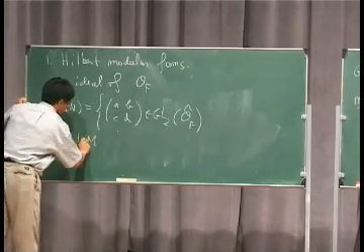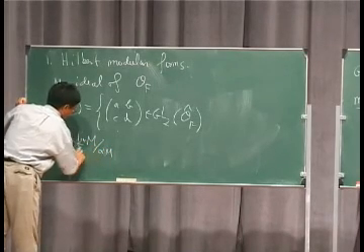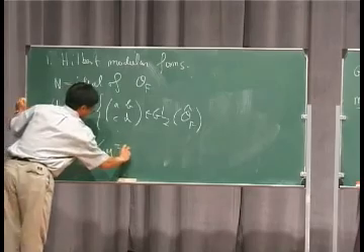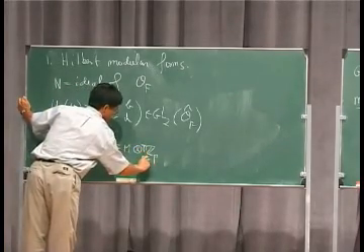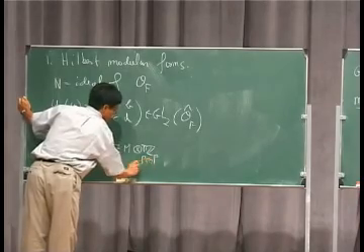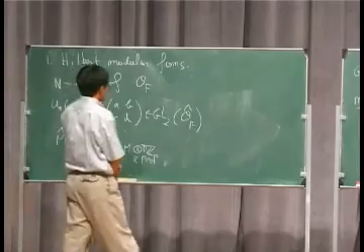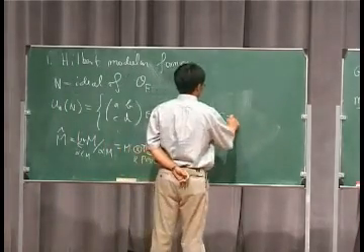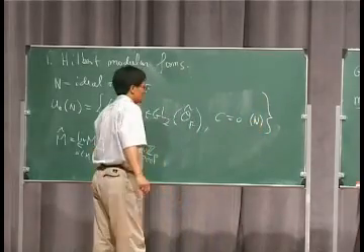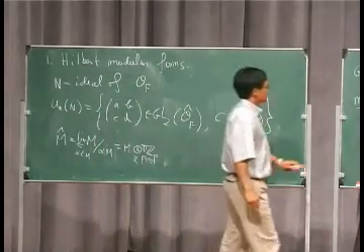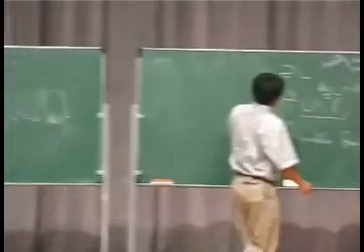It's really the limit over m of the integers mod m tensor with O_F at Z_p. And C is congruent to 0 modulo N. So this is the group we have.